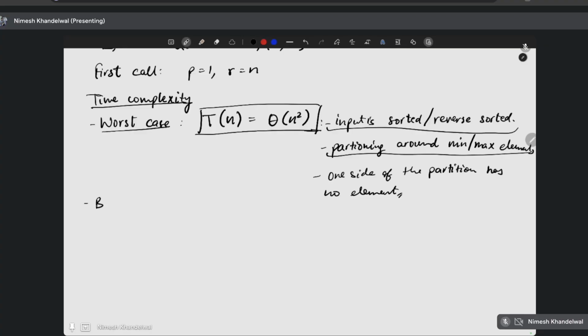In the best case, the time complexity is n log n, right?